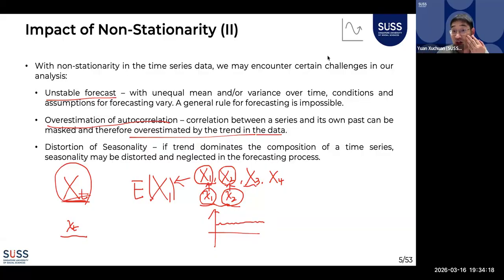However, we need to use other statistics to test. For example, later we will use the autocorrelation function and partial autocorrelation function to statistically check whether the time series is stationary or not.